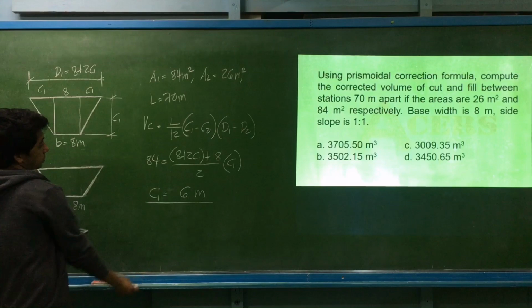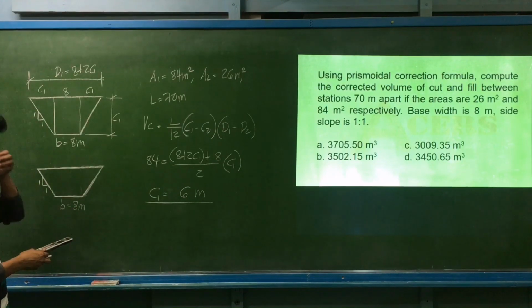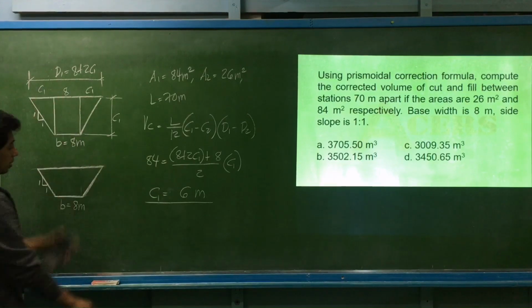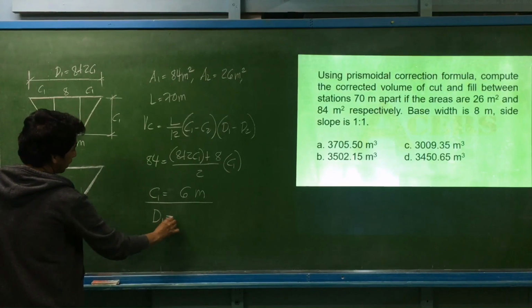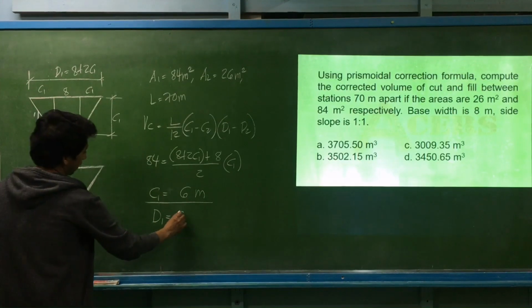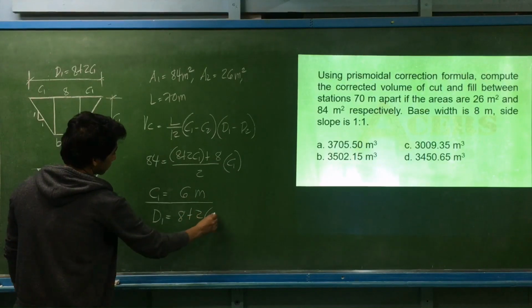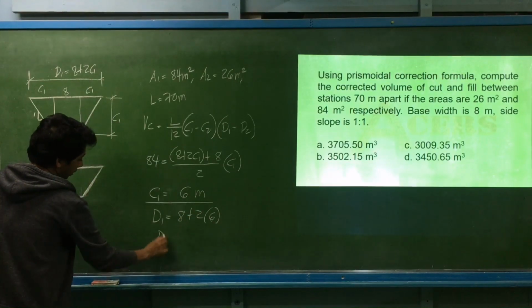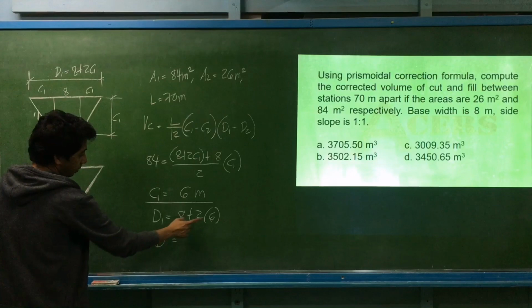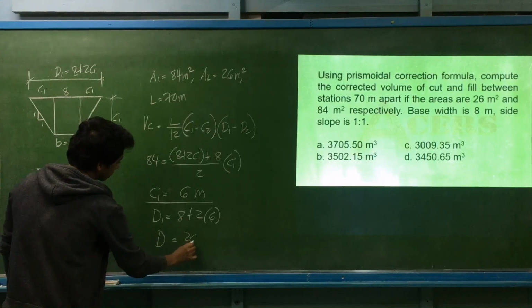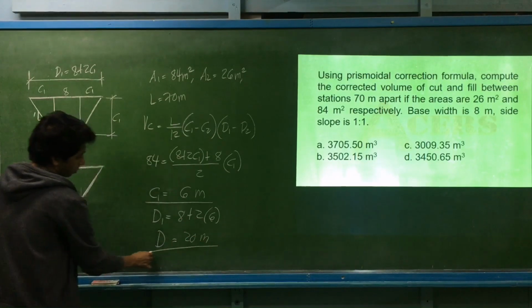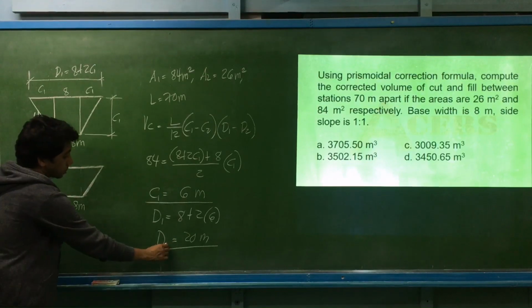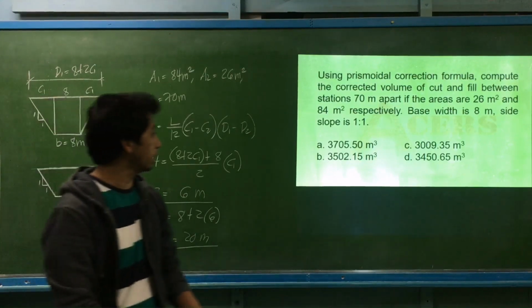So is that 6 meters? Okay. Then, ano yung magiging value D1? D1 will now be equal to 8 plus twice of 6. So yung ating D1 will now be equal to 8 plus 12, this is equal to 20 meters. Okay, yun yung ating C1 and D1.